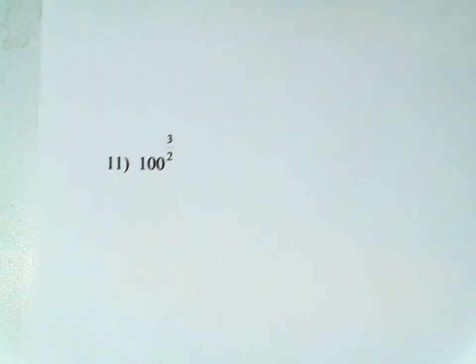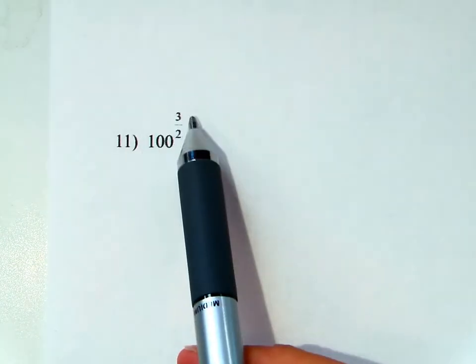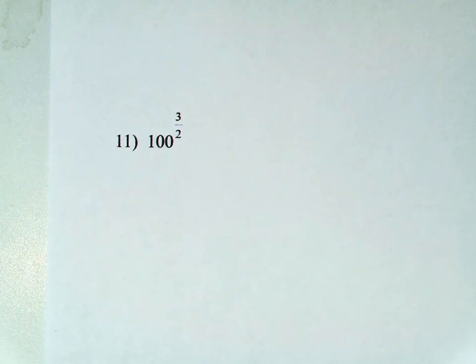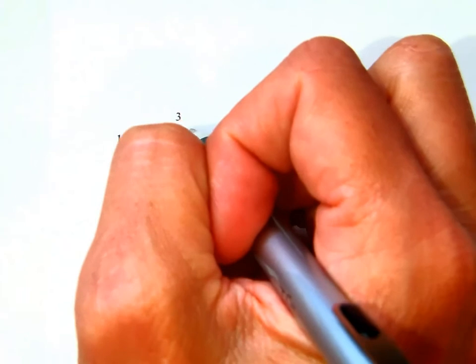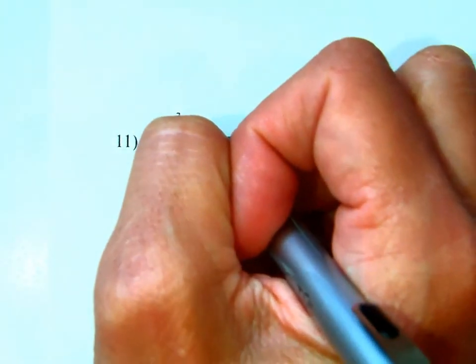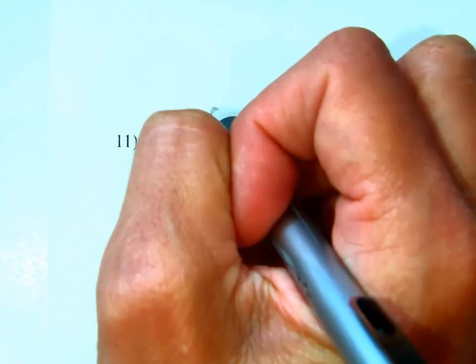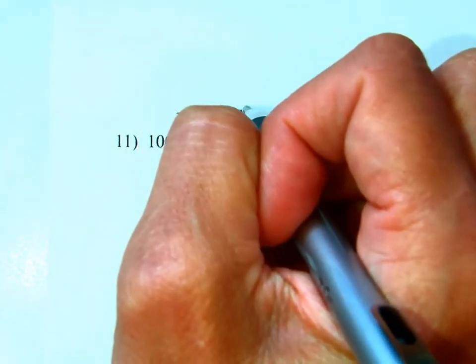In number 11, you're going to notice that there is a top number larger than 1. So I am going to have to deal with it this time. The bottom number tells me that I do have a square root, and it's going to be raised to the third power.